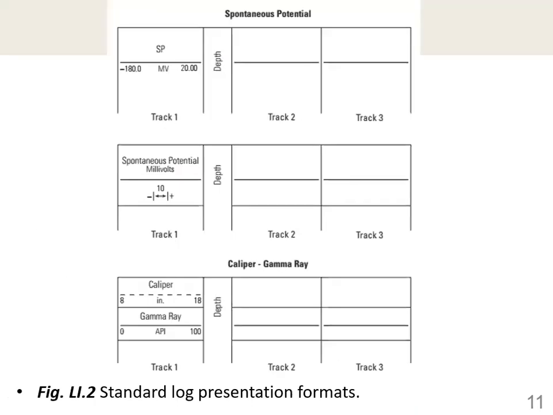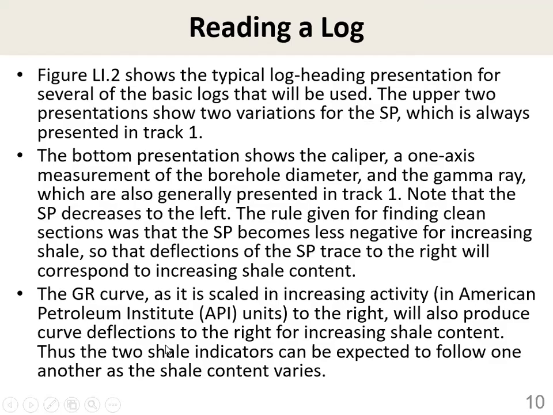And here you would see that in this presentation, this is the presentation for the SP, that's the spontaneous potential log, caliper log, gamma ray. It says the typical thing, but note that what is presented here is typical log header presentations.